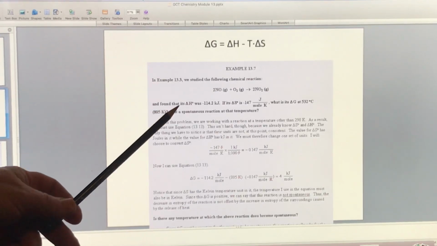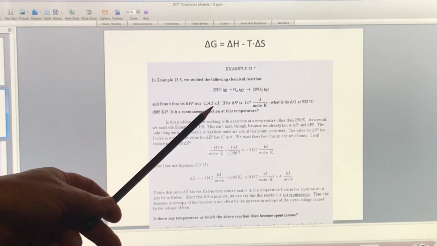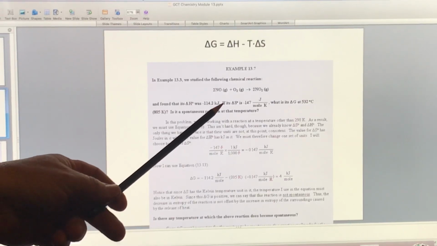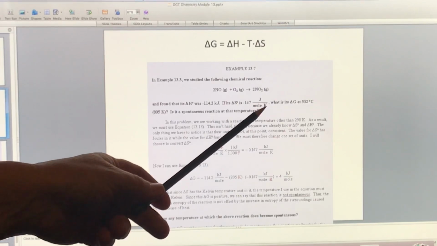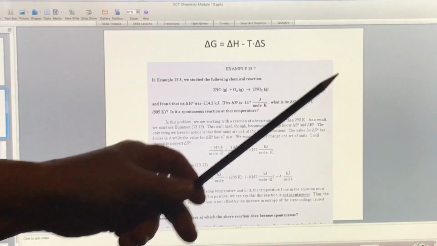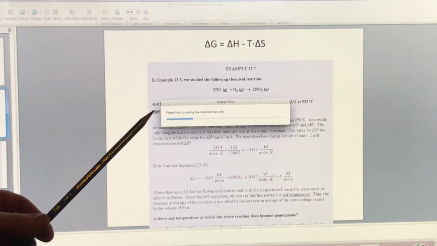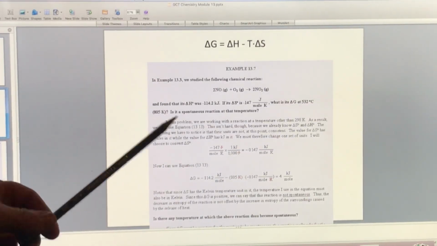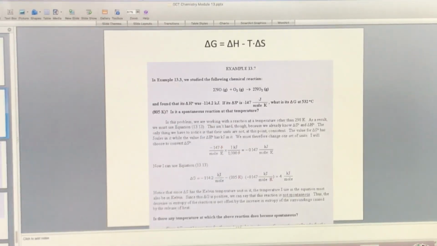It says it was found that the delta H was negative 114.2 kilojoules and its delta S is negative 147 joules over moles times Kelvin. What is its delta G at 532 Celsius, which they kindly convert to Kelvin here, 805 degrees Kelvin? And we ask, is it a spontaneous reaction at that temperature?